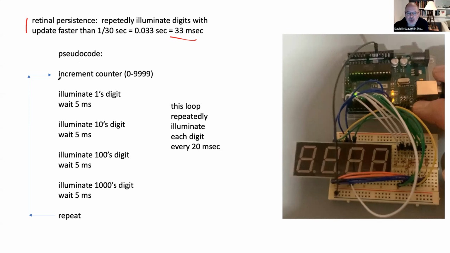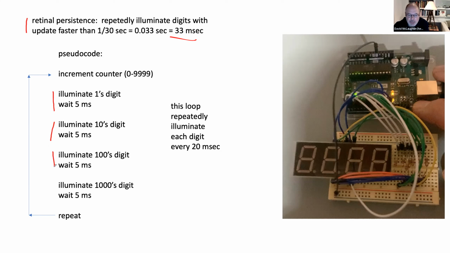But I'm going to have a counter that's incrementing between 0 and 9999. I'll illuminate the ones digit, that's the least significant digit, for 5 milliseconds, just 5 thousandths of a second. Then I'm going to shut it off, and I'll illuminate the next digit for 5 thousandths of a second.